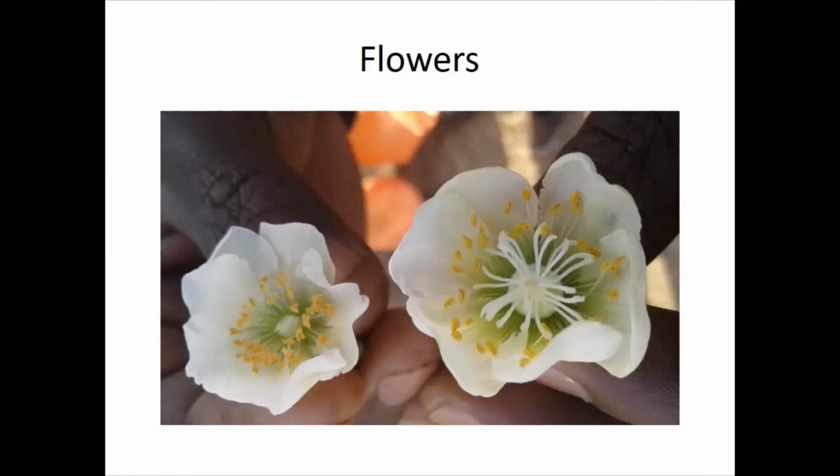So for us to have pollination, we need this male flower on my left-hand side. As you can see, it only has the male part of a flower. There are no stigmas there. So that's why we have to have a male pollinator.